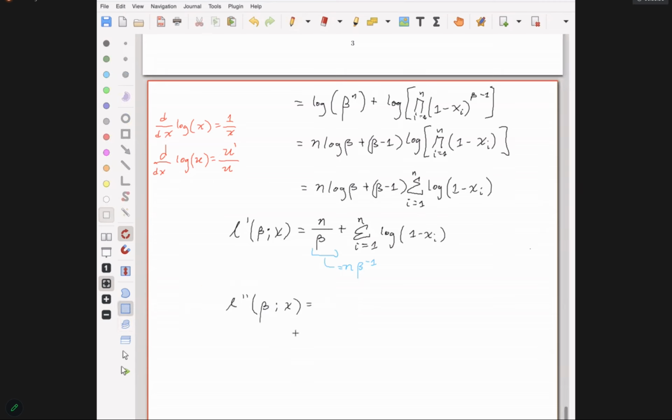Okay. Yes. And so now, what is the derivative of this thing in cyan with respect to beta?